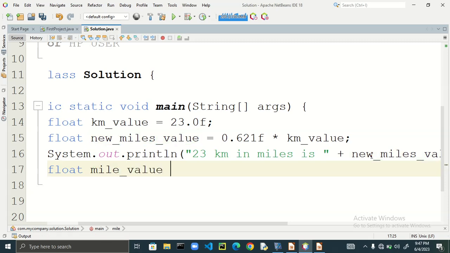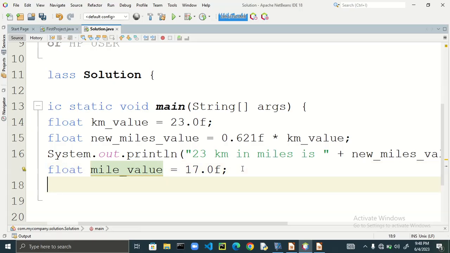Mile value is equal to 17, which was given to us, and then I need to add an F here with a 0.0. It won't change anything, but we said it should be float because we want to be in safer hands in case there's any problem that might come up during the multiplication and so on.